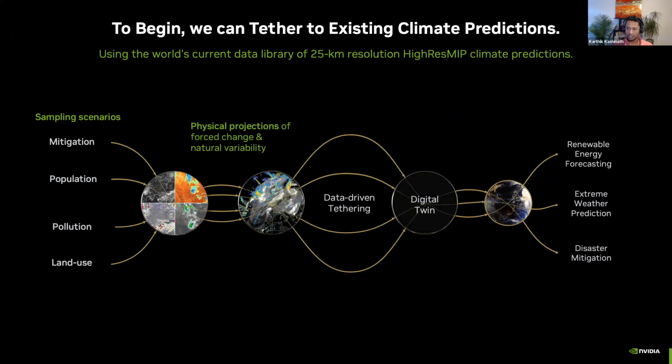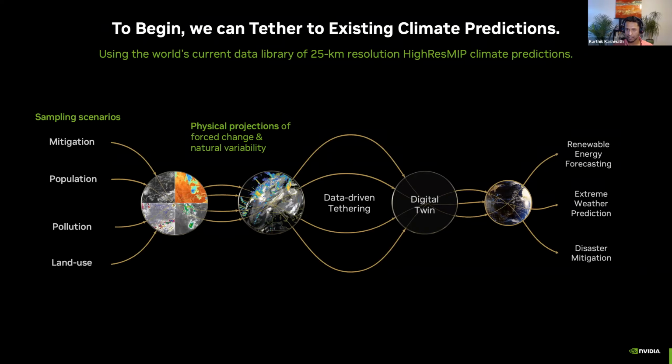So as I mentioned, we're starting to train on the 25-kilometer and coarser resolution data sets from the high-res MIP archive. And this is an example of how that might look. On the left are the different scenarios from this data set, and we train ForecastNet conditioned on these different scenarios, and then use it for data-driven tethering, potentially up to 2 weeks, or maybe even much longer, depending on the stability of the model.